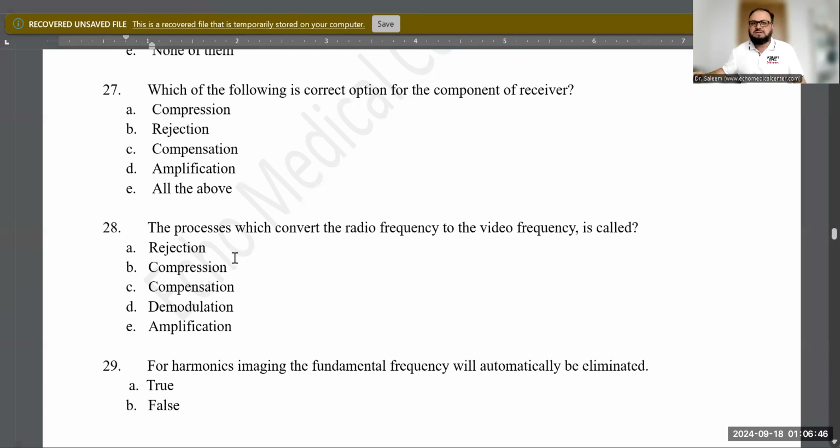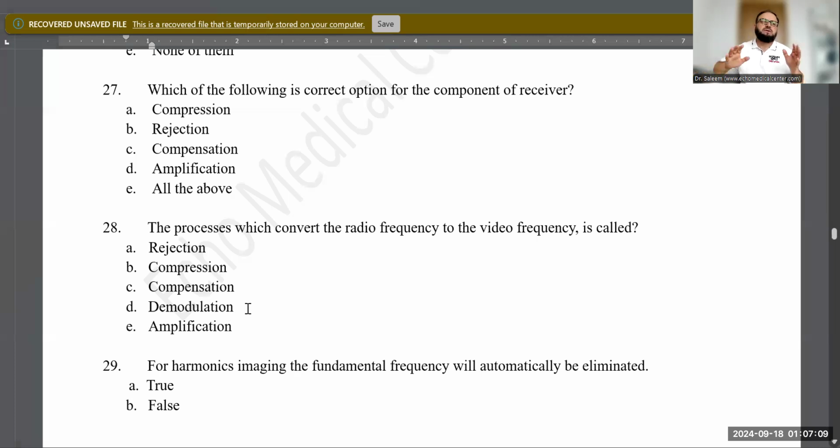Next, the process which converts the radio frequency to the video frequency is called which of the following? This question is basically asking you, when you convert pictures to a video clip, which process is called that in ultrasound physics? Correct. D is the correct answer.